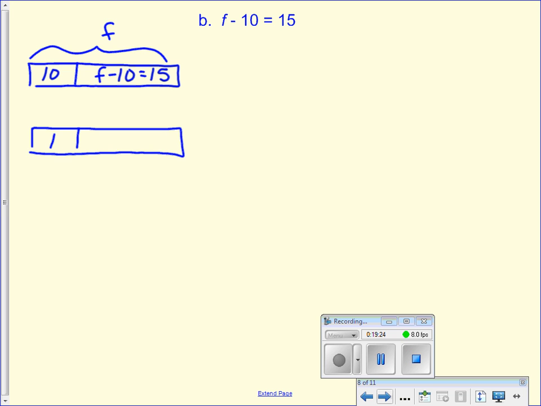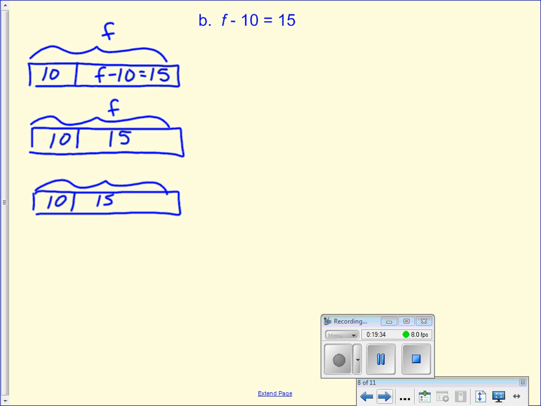So that means that's 10, and that's 15. So that means it is 25. You have to think about what you have and what you're taking away.